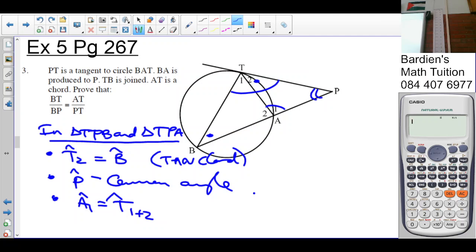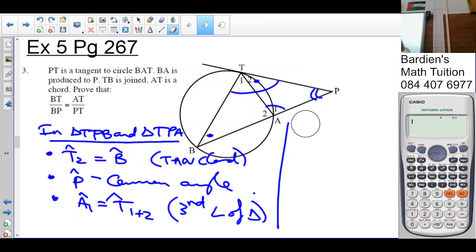Or you could have called it BTP or PTB, or whatever you want to say. And the reason here is going to be the third angle of triangle. So is that enough to conclude similarity? Absolutely.